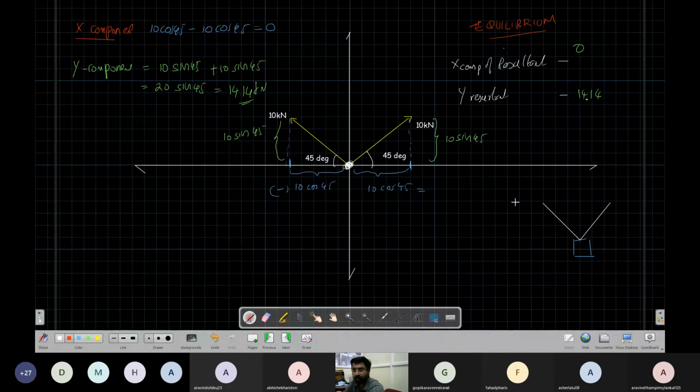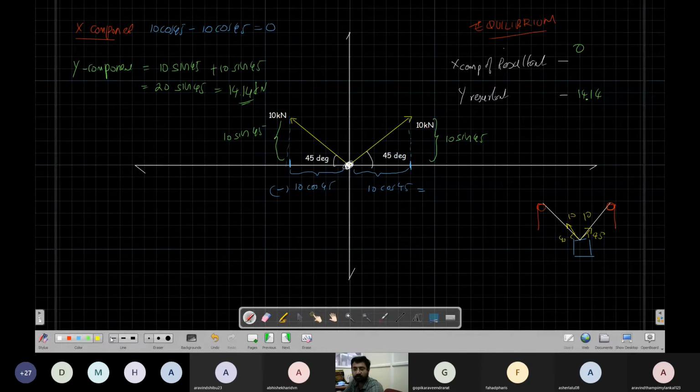Let's say there is a small pulley here, with some forces acting. The force is acting as 10 kN, this angle is 45 degrees, and this angle is 45 degrees. This is correct because there are no other forces.